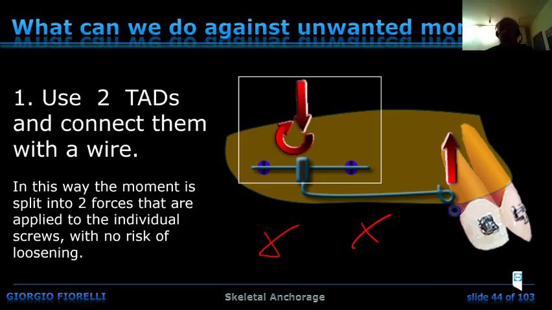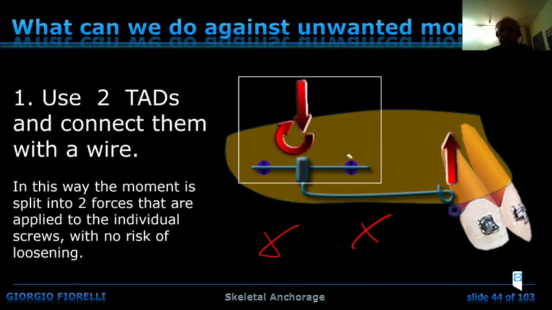And you cannot use a single TAD here to intrude this, because if you apply just a cantilever from here to intrude this tooth, you will produce this moment. And this moment will give a load of the TAD which is very dangerous.